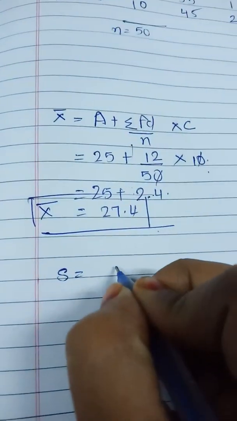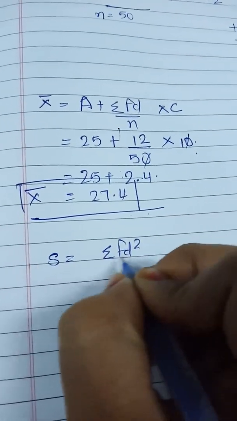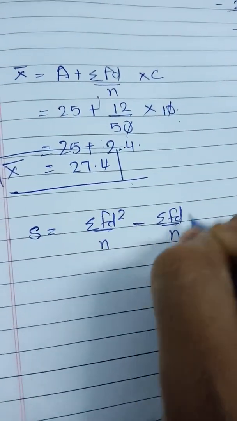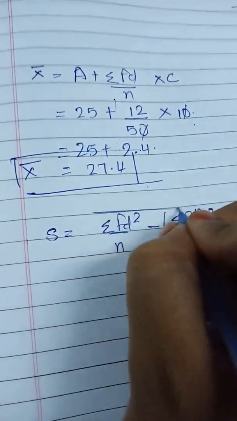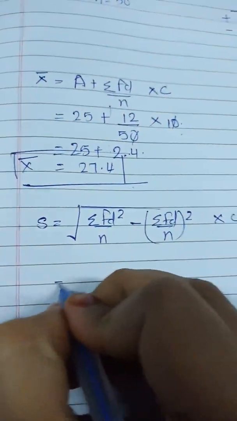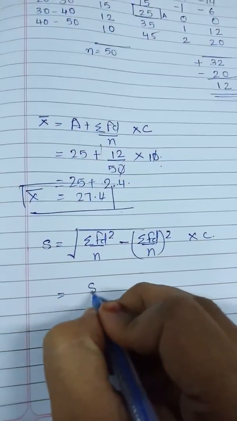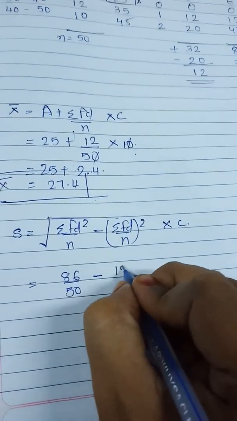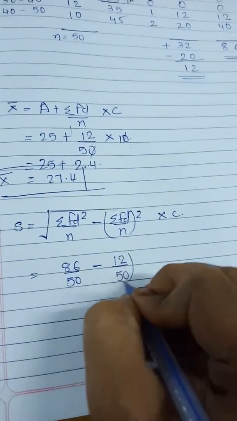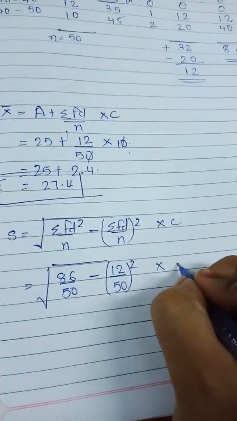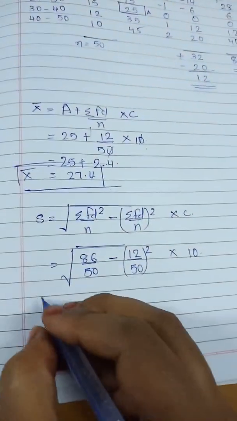So standard deviation is the square root of sigma fd square upon n minus (sigma fd upon n) the whole square, into c. So sigma fd square was 86 divided by 50, minus (12 divided by 50) the whole square, square root, into c, that is 10.